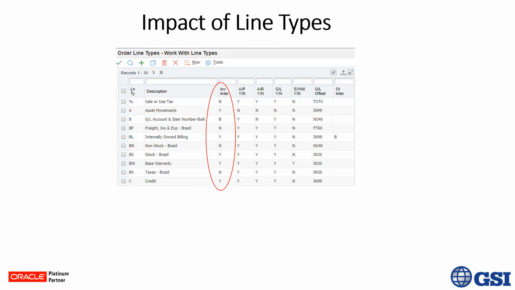It says, nope, I do not want this touching my inventory. If it says yes, then of course the opposite is true. That means whatever's on that line has to be a valid item number in the item master. When I receive it in, it has to have a location set up. I'm going to create an item ledger record for this transaction, and I'm going to change the quantity on hand accordingly. Okay, so that's what these codes mean.